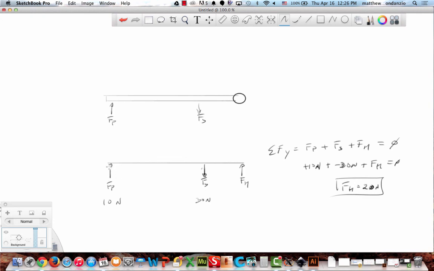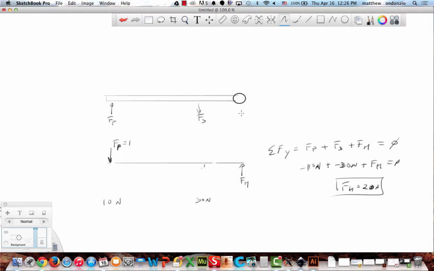Okay. Let's assume that my Fp was now this direction. So that's going to be a negative 10. So it's still going to be going the same direction, so it's going to be 40, right? But I'd have to really change this guy.